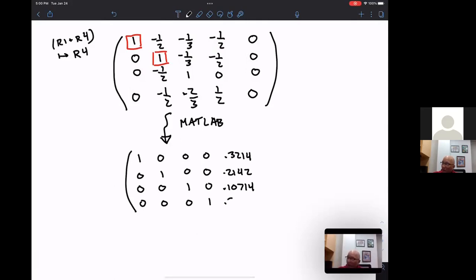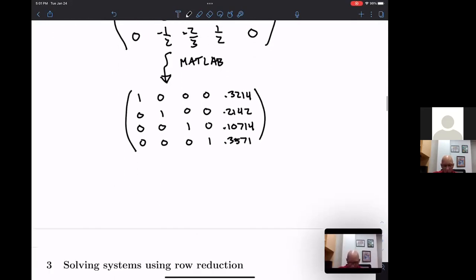And the last one, 0.3571. Okay, now from here, we have learned that if I read off this matrix back in the system form, what you see is that x1 is 0.3214 and x2 is equal to 0.2142 and so on. So now I have solved the system.